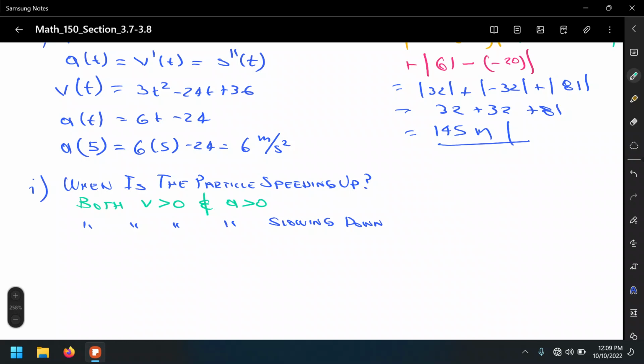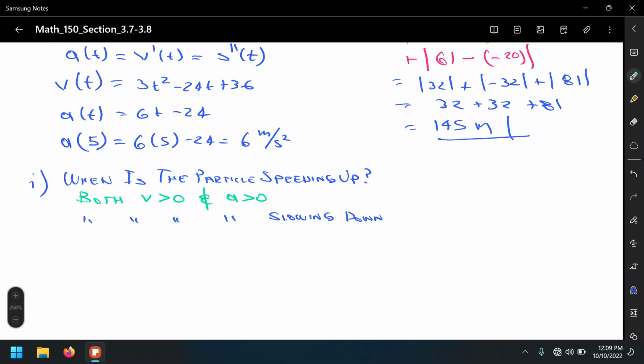So the fact that you step on the gas, you're going to speed up. Therefore, you're going to accelerate positively, and consequently, you will get a larger velocity. As opposed to slow down, you step on the brake. That's when both the velocity is negative and the acceleration is also negative.